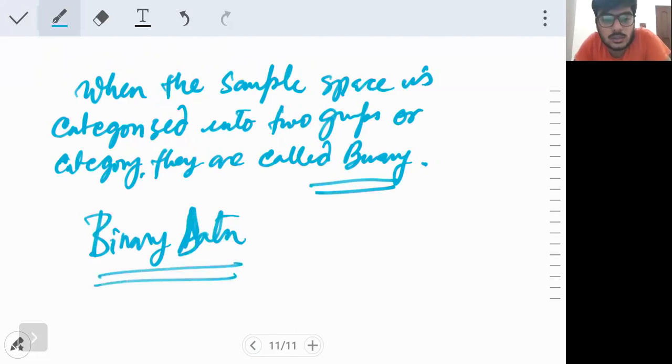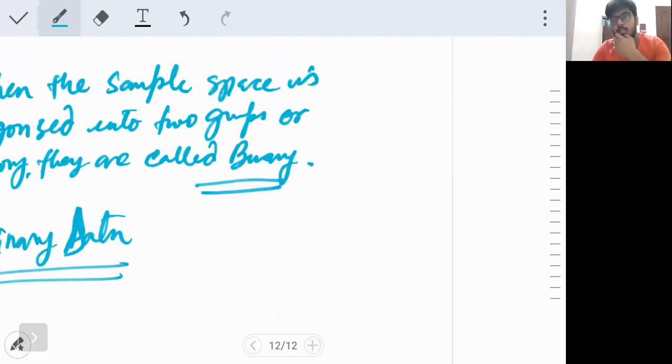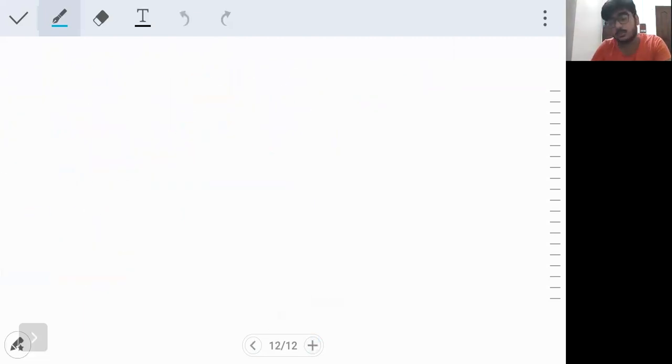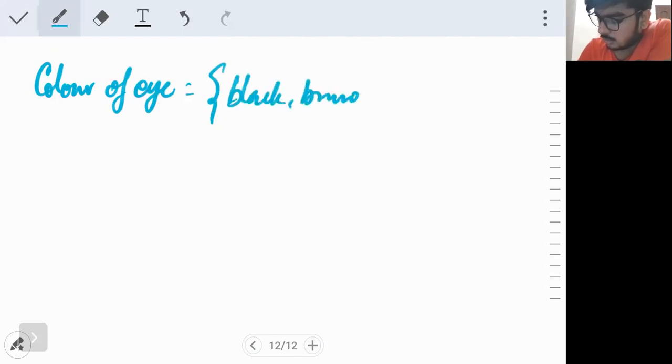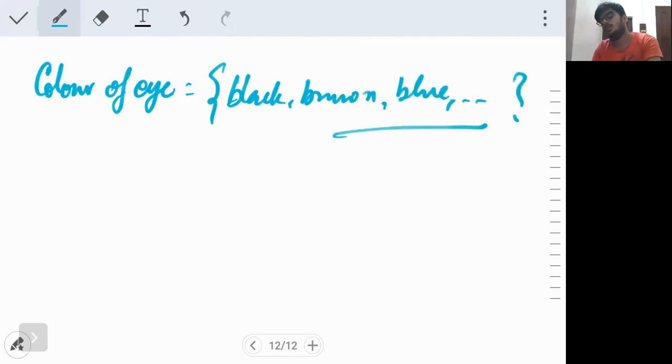The other examples of categorical data: this was an example of binary data, whether people feel sleep deprived or not. Another question could be the color of eye. That could be black, brown, blue, even hazel is a color.